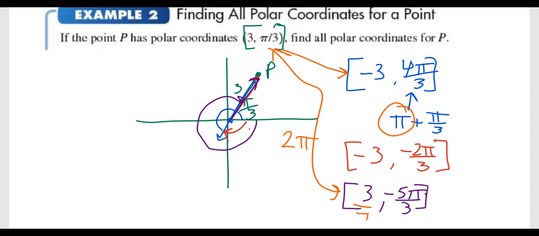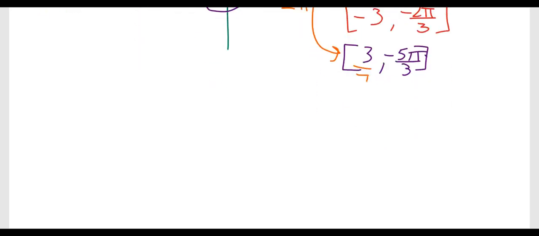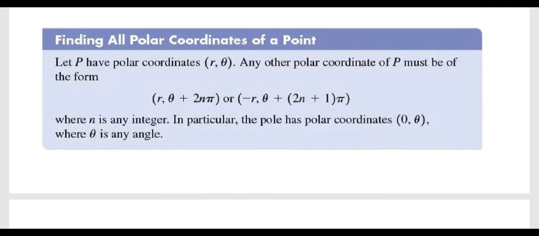But if you want to change to a negative radius, then you only want to add an odd multiple of pi. So that's what you're getting in this theorem right here.